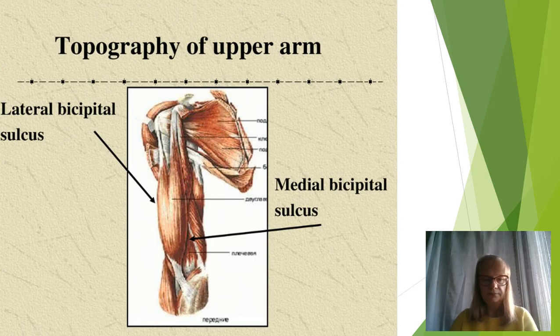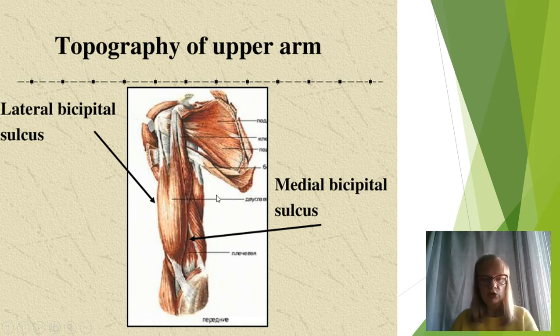We continue. We rotate our arm. We count on the front of the arm, the flexor muscles of the arm. I remind you, we have the biceps with a long and short head, and beside our brachial muscle, we have two grooves. Laterally, we have the lateral bicipital groove, sulcus bicipitalis lateralis, and from the medial aspect, we have the medial bicipital groove, sulcus bicipitalis medialis.